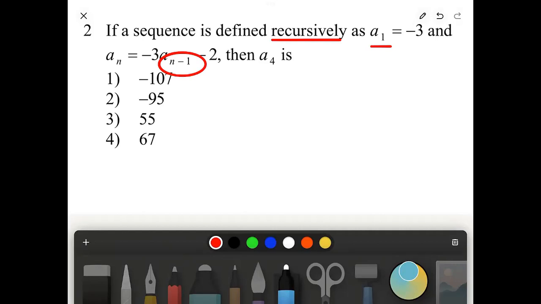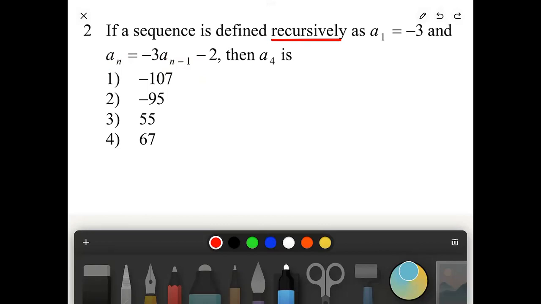Most of the time, you'll be given the first term, whether it's recursive or arithmetic or geometric, you're still going to see a1. And you're also going to see a sub n. So you can't use those to tell if it's recursive. You've got to use either the word recursive or something like a subscript of n minus 1 or n plus 1.